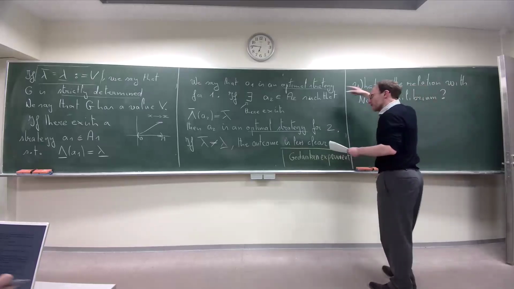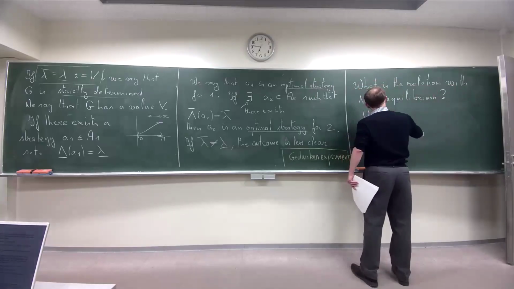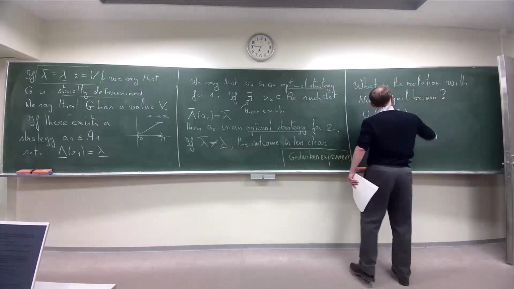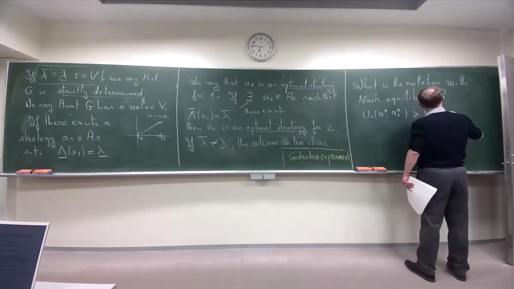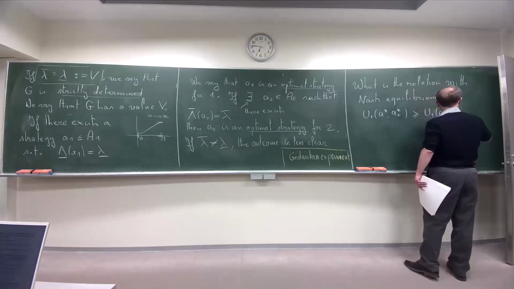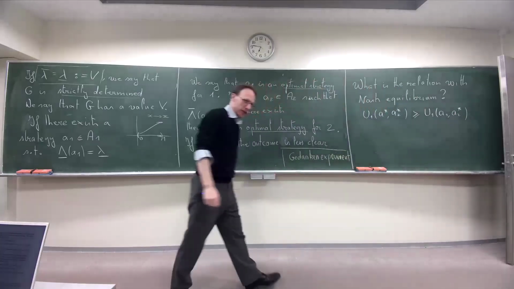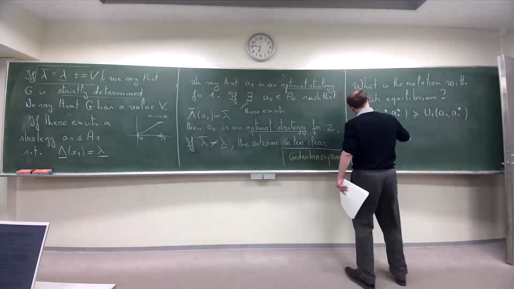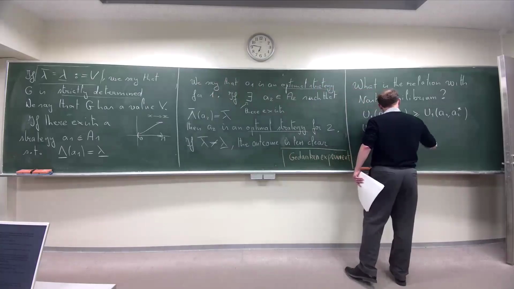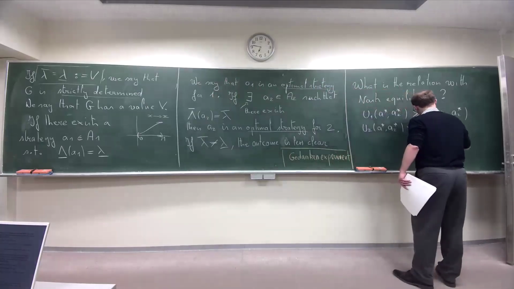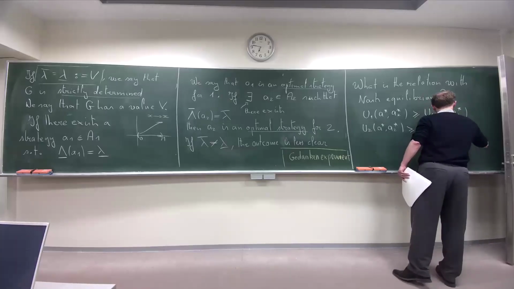And in fact, I just remind you what Nash equilibrium means. For the first player, it's a point which satisfies U1 of A1 star, A2 star is bigger or equal to U1 of A1, A2 star for any A1. The second condition means U2 of A1 star, A2 star is bigger or equal to U2 of A1 star, A2.